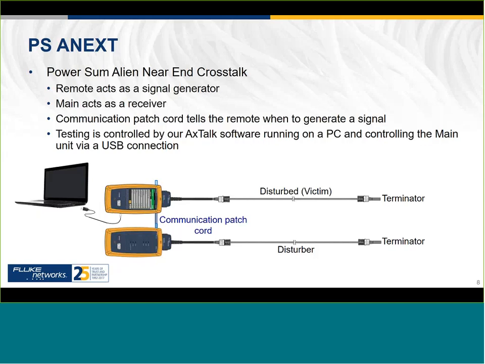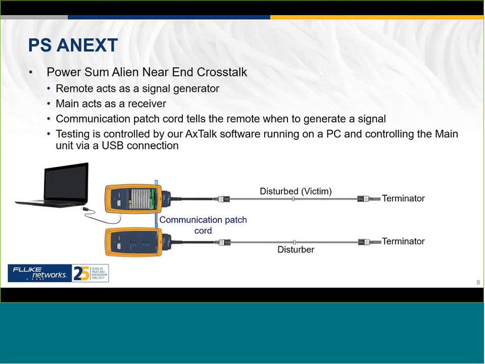So it will provide the signal to the disturber. Our main unit will act as the receiver. So it's attached to the victim cable, and it will be measuring how much signal is coupled between the disturber link to the disturbed or victim link.